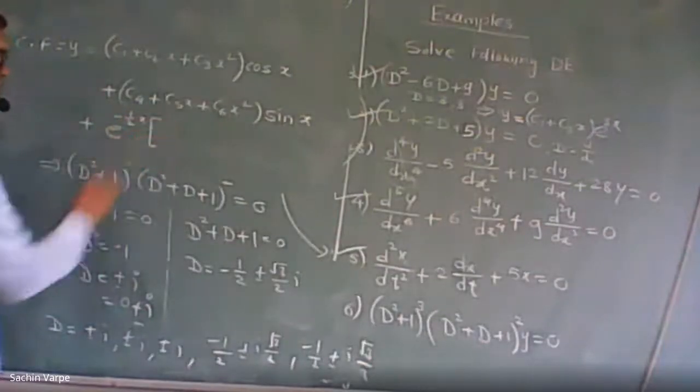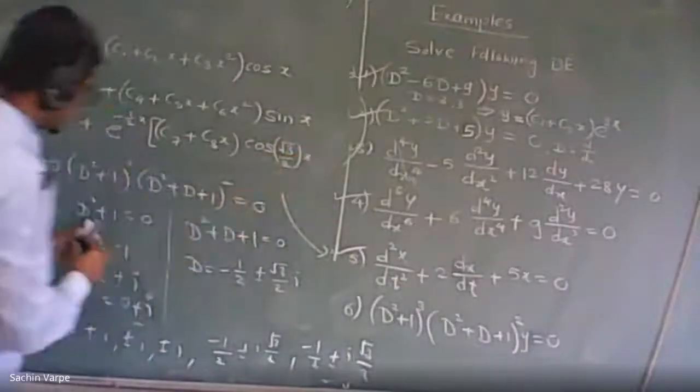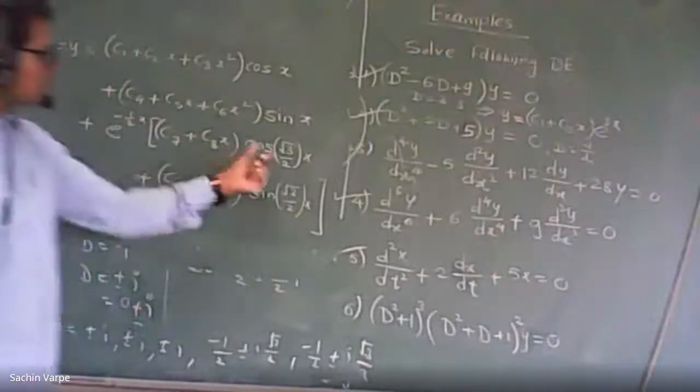Then, for the root repeated twice, e raised to minus half x, that is e to the power minus x by 2, into bracket (c7 plus c8 x) cos root 3 by 2 x plus (c9 plus c10 x) sin root 3 by 2 x.